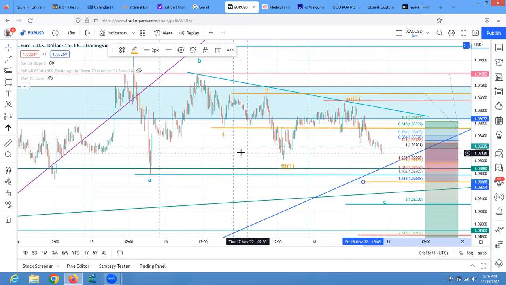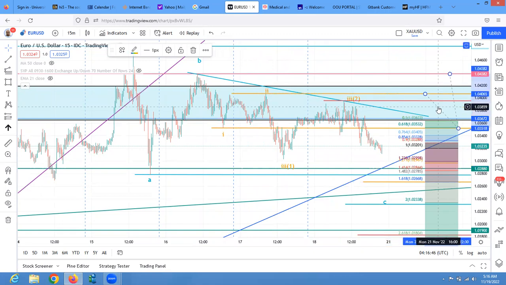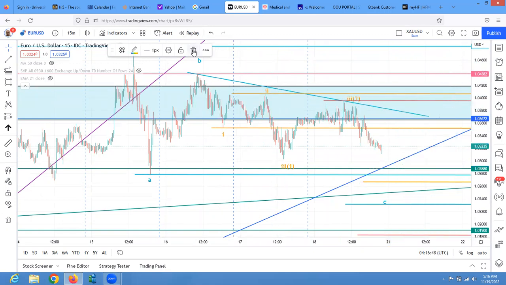So in that case, you expect a minimum of that third wave that we are saying that it should run 1, 2, 3, 4, and finish third wave here. It could be extended, it could be truncated, but at least the third wave should get here at least in that situation.